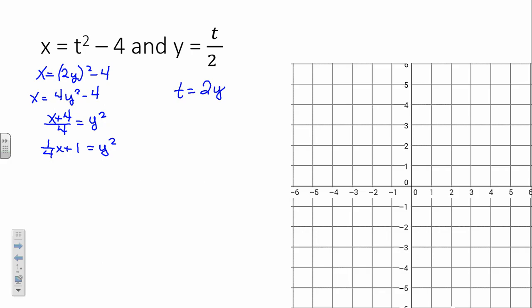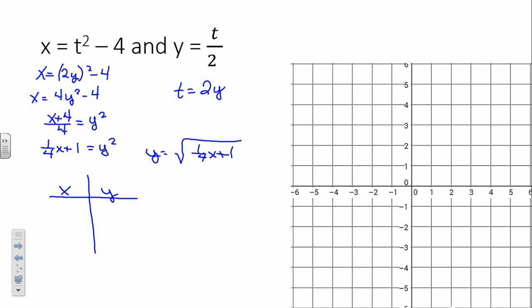Okay, so now let's think about what values we can plug in for x. So we're trying to figure out if y is equal to the square root of 1/4 x plus 1, what would be some good numbers to plug in that are going to come out nicely? 4 would be 1/4 times 4.